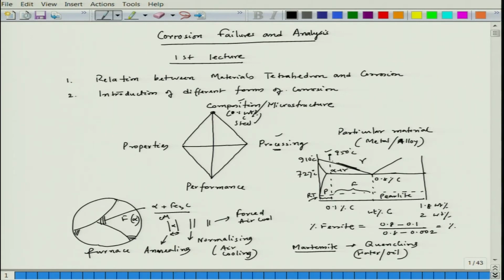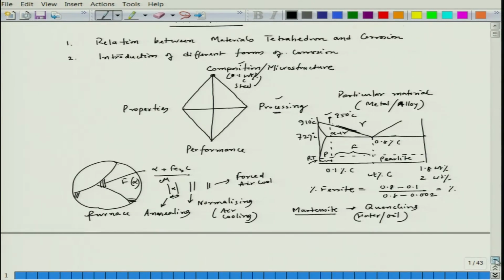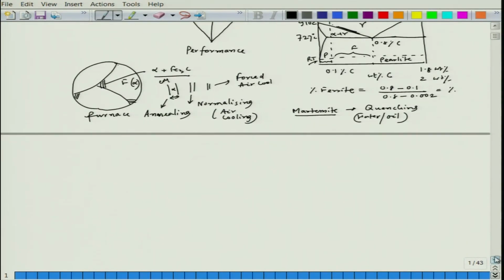For example, if I consider only the hardness part, so let us say processing, then properties, and here I am fixing the composition, 0.1 weight% carbon steel.